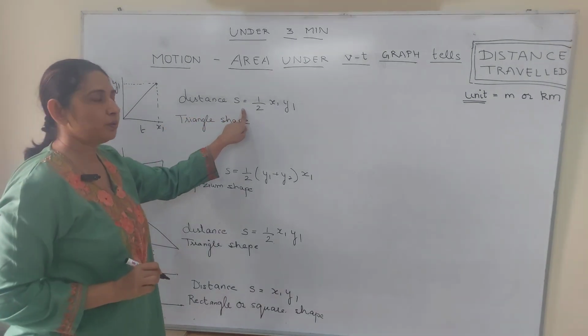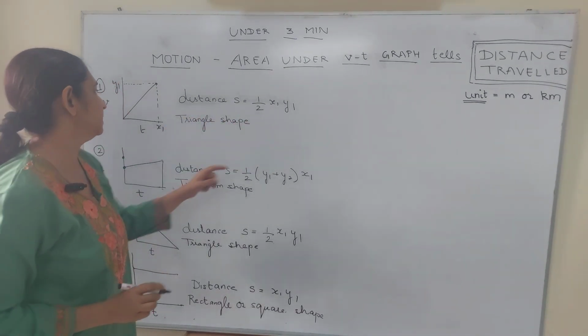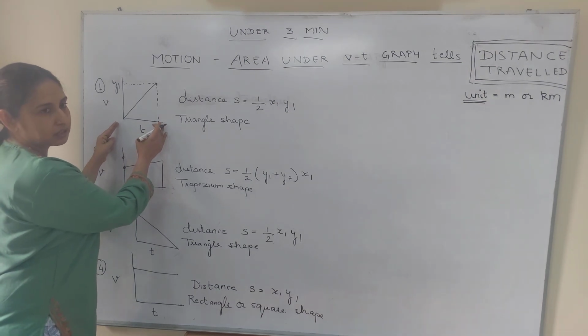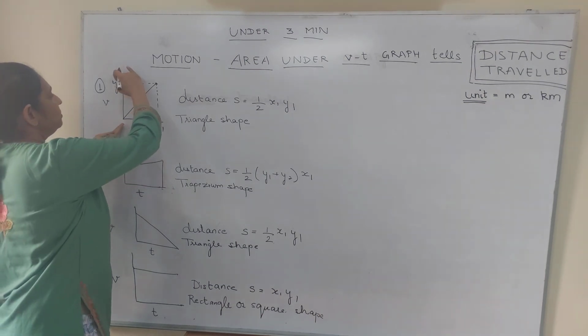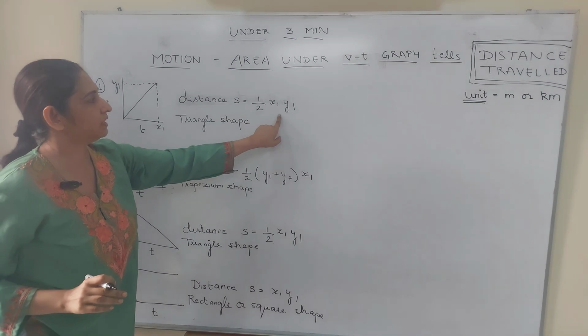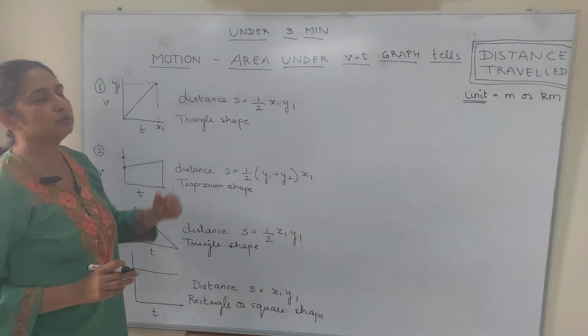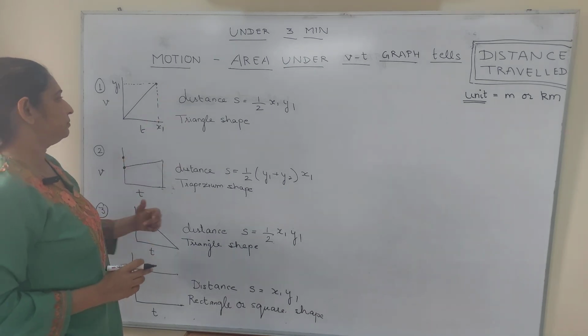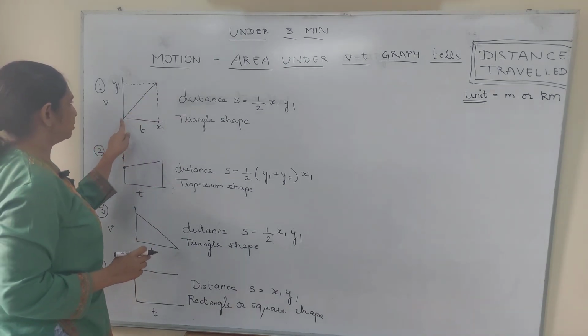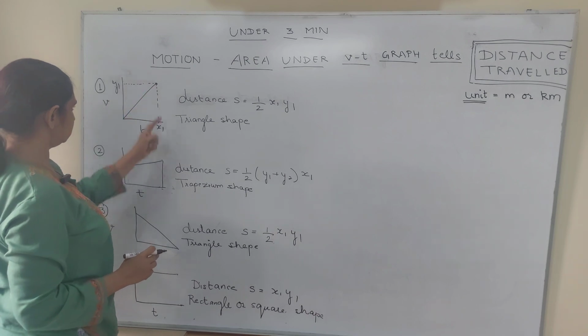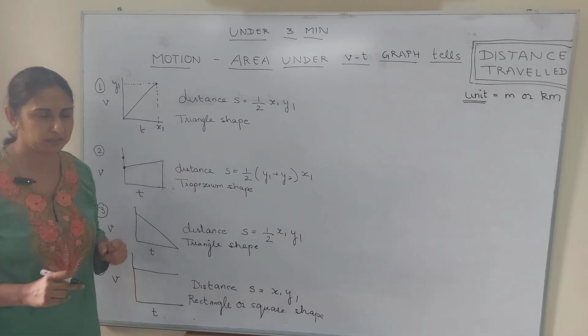And the distance traveled will be half x1 y1. Whatever this length is, suppose 10 or 5, half x1 into y1 will give you the distance traveled by the body. This is called a triangle shape graph because you can see a triangle here.